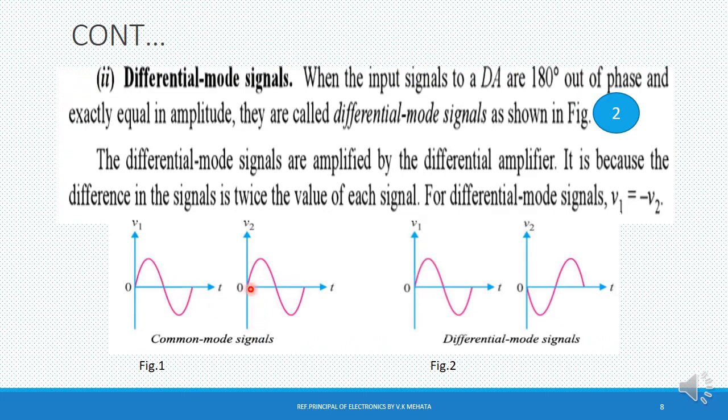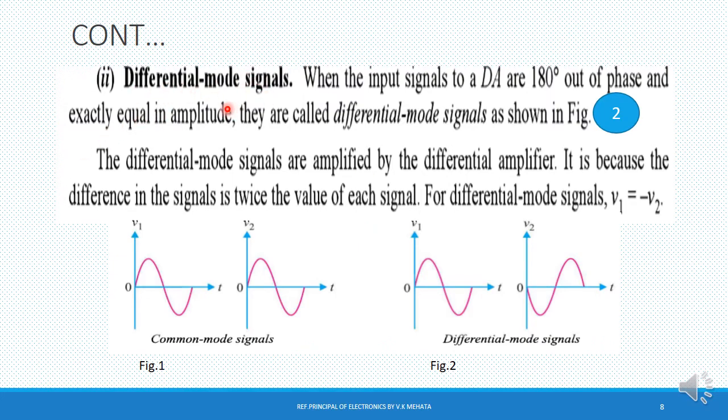If both are the same, what should it amplify? The differential amplifier should amplify the difference between the two signals. So that is why in the differential amplifier, common mode signals are rejected. They are not amplified.